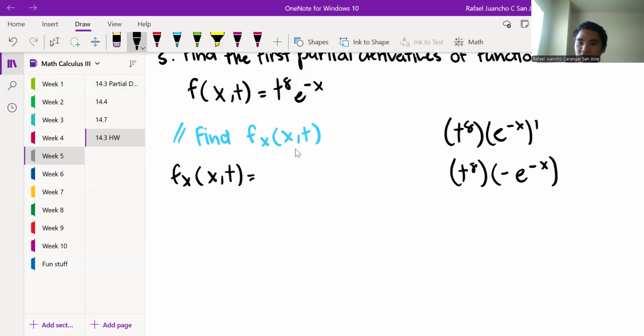Because I take the derivative of my outer function, I get e to the negative x, and then I do chain rule, I take the derivative of my inner function, which is negative x. That's just -1. So -1 times e to the negative x, I got negative e to the negative x. And then here I can just say negative t to the 8 e to the negative x. And that's it.